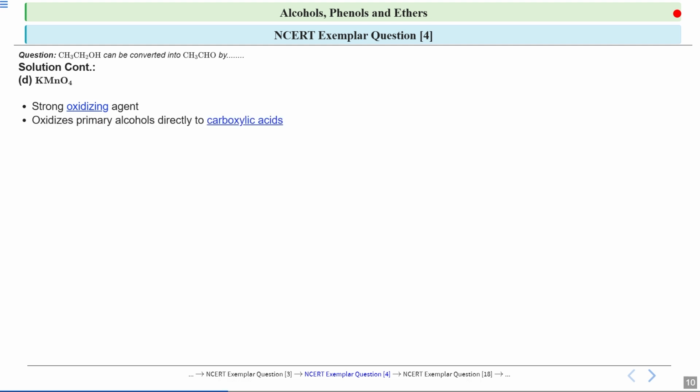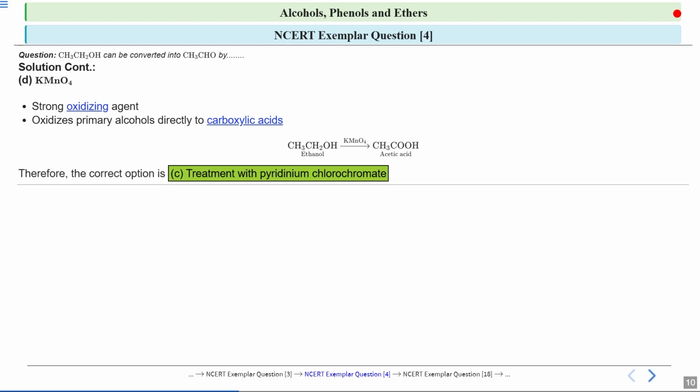It oxidizes primary alcohols directly to carboxylic acid. But we need to stop at aldehyde. That is why we need a mild oxidizing agent. If you see over here, this is an alcohol, which is ethanol. When you use KMnO4, it oxidizes it to acid, which is acetic acid. So that is why this option is also incorrect.